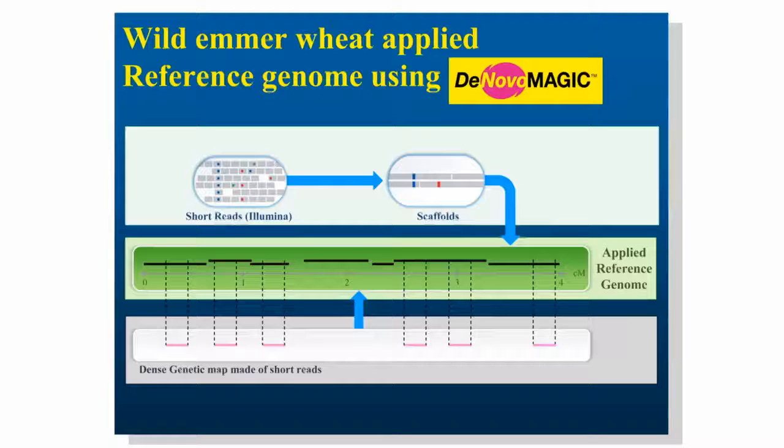Energene used short-read Illumina sequencing data to build scaffolds out of it and anchor the scaffolds to the genetic map. And as I showed you before, 1 million markers should be quite enough to anchor most of the scaffolds, because the resolution is very high. And this is an ongoing project.